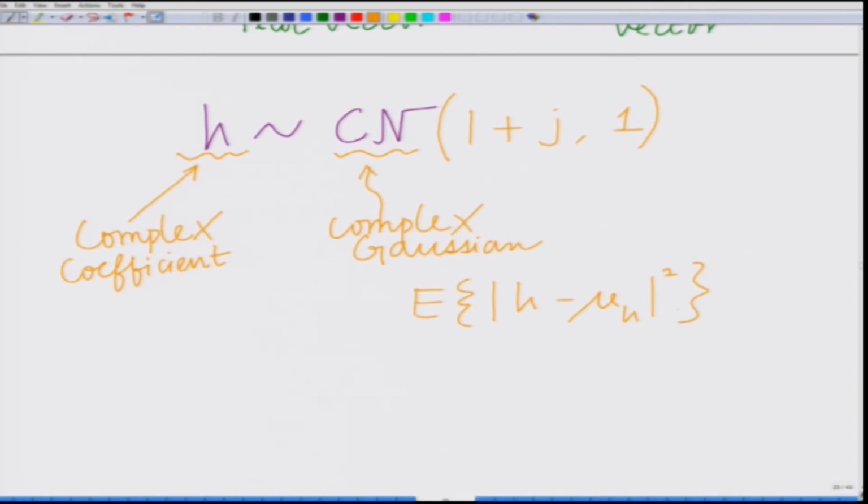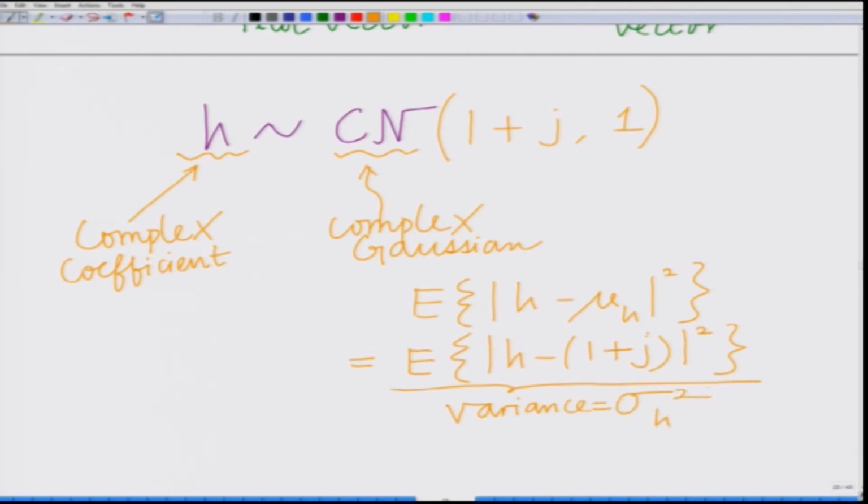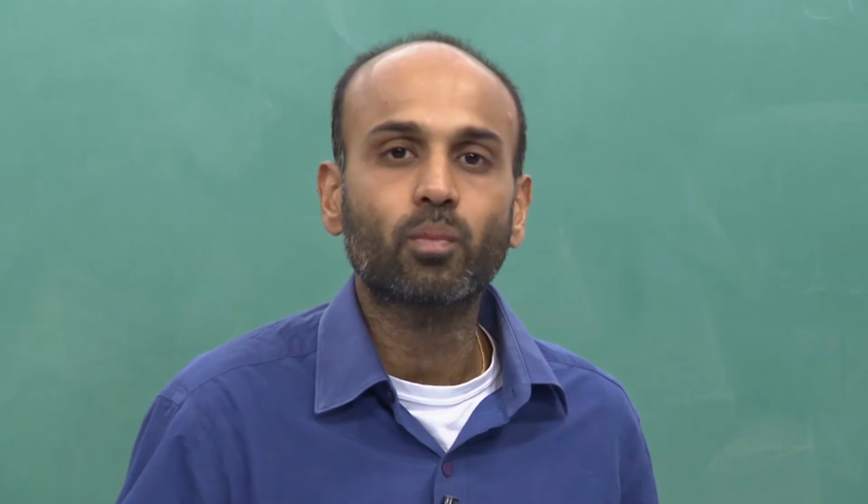In this case, it is the expected value of the magnitude of h minus 1 plus j whole square. This is your variance, sigma h square.